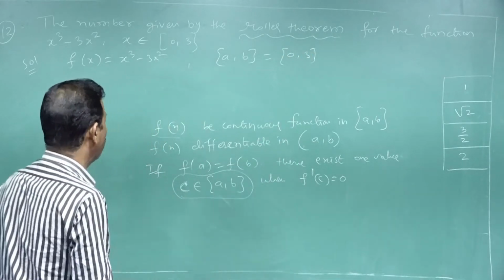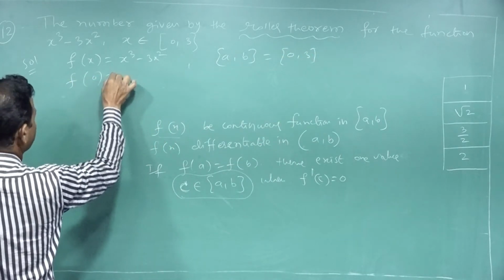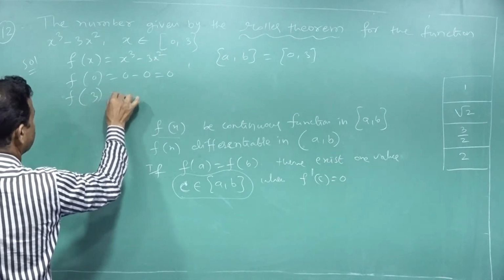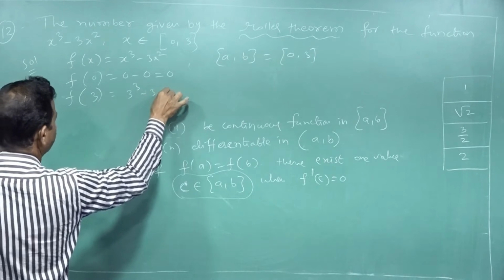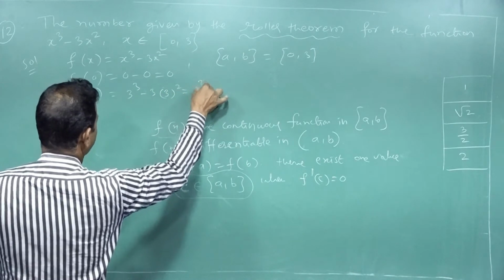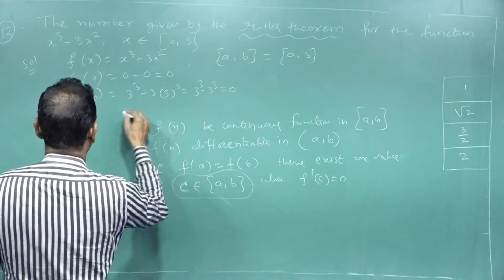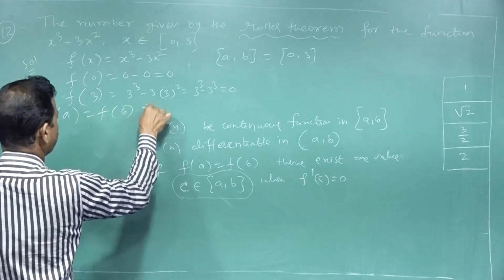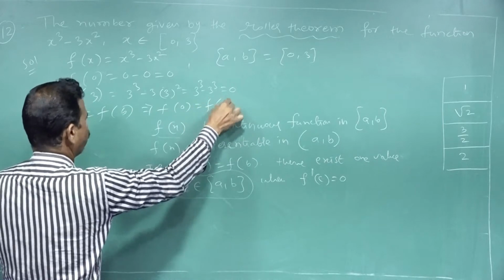We check f(0): f(0) is equal to 0 minus 0, which is 0. f(3): 3 cube minus 3 into 3 square, so this is also 3 cube minus 3 cube, which is equal to 0. Then f(a) is equal to f(b), that means f(0) is equal to f(3).